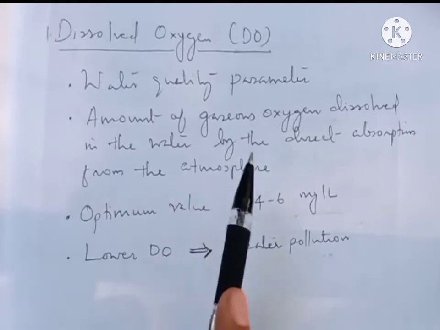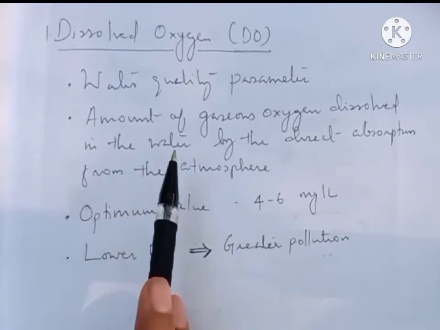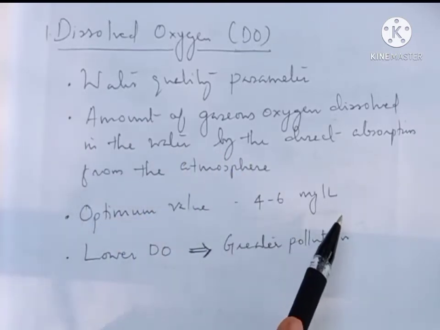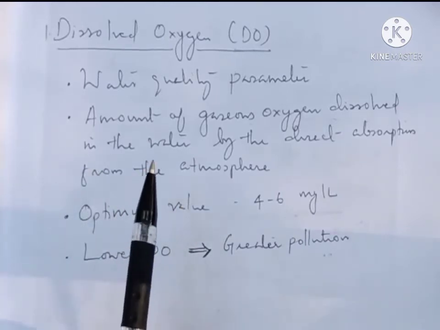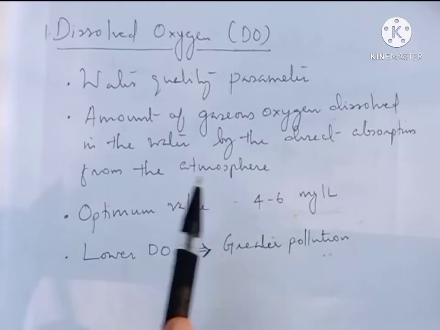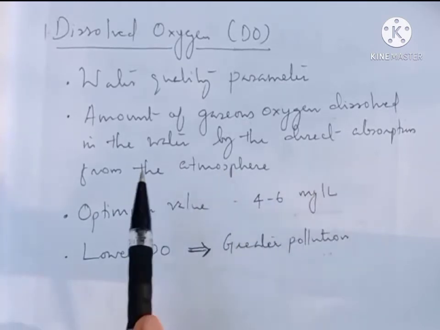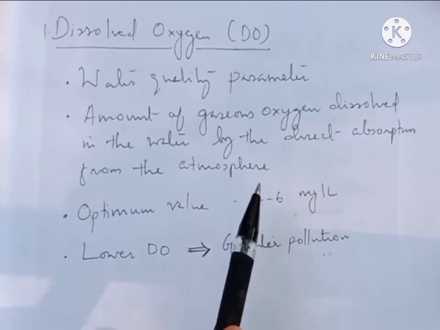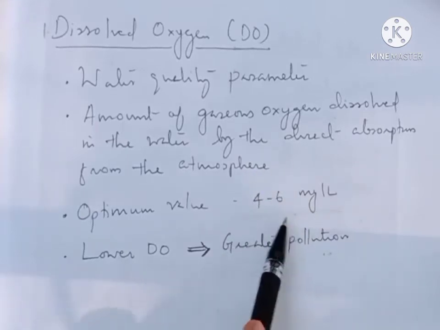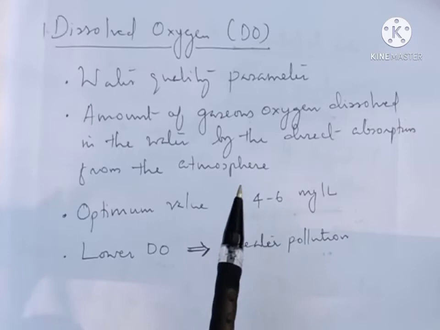The unit used to measure dissolved oxygen is milligram per liter, and the optimum value of dissolved oxygen is about 4 to 6 milligram per liter. That means if the dissolved oxygen is reduced from this range, that indicates pollution.